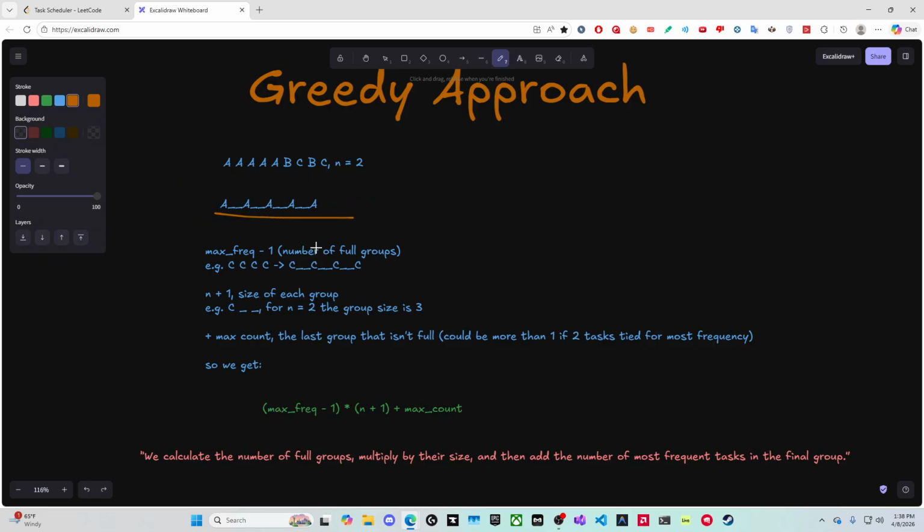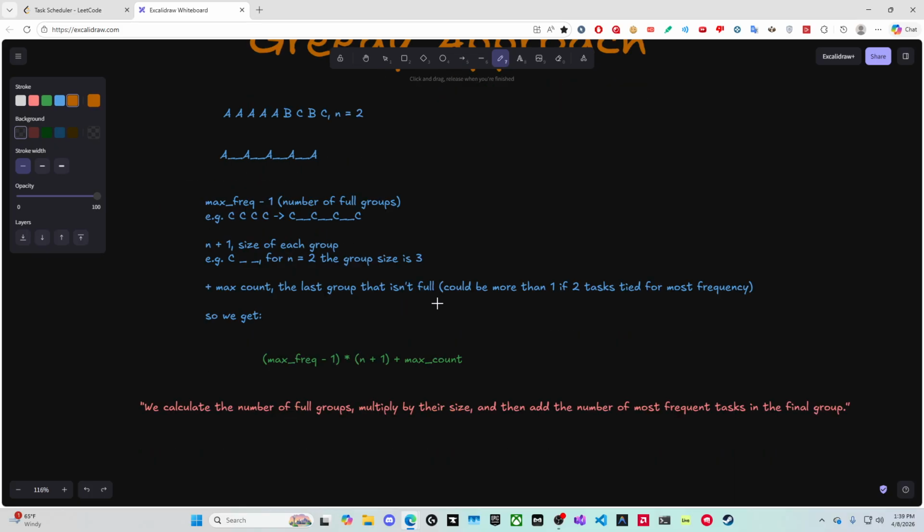This is the most efficient way to basically use your tasks, to use the most frequent characters first, right? So that's kind of the gist of this formula here, okay? Because visually we're building it out like this, right? But mathematically, this is how you would represent laying out your tasks like this, okay?